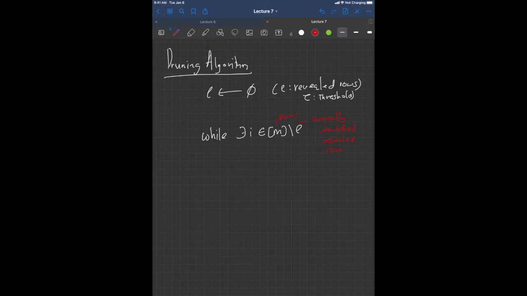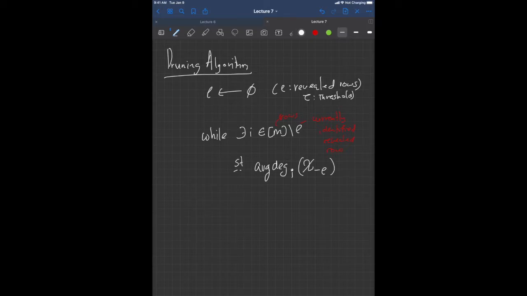While there exists an i which is a revealed row. What is the definition of a revealed row? It says that in the current set, the average degree of this row is quite low. And how low? While there exists an i such that the average degree of this row with respect to the set of matrices where the currently identified revealed rows are removed, that is X minus rho.